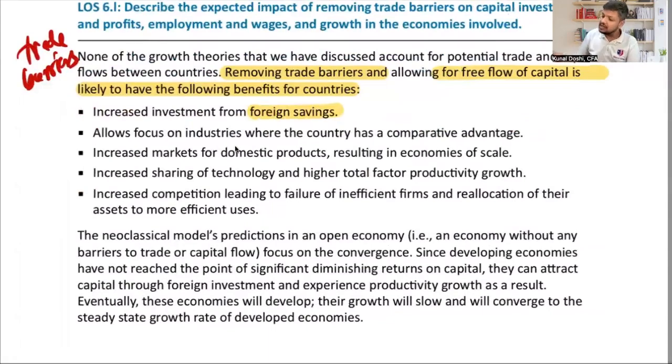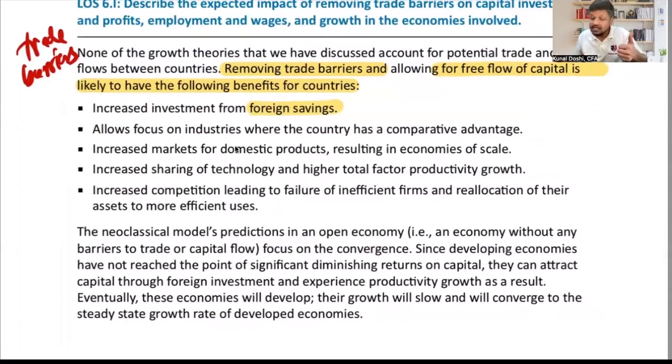By removing trade barriers, what will happen? Everyone, right? Foreign savings will increase, and investments will increase due to foreign capital coming in easily. Countries will focus on industries where they have a comparative advantage, economies of scale, and investments in technology, and there will be increased competition leading to failure of inefficient firms.